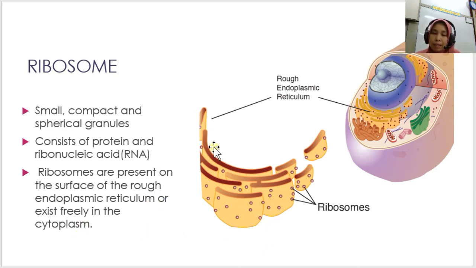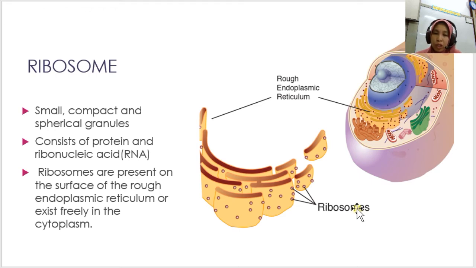Like I said before, the yellow color structure here refers to the rough endoplasmic reticulum. The granules or dots that attach to the rough endoplasmic reticulum refer to the ribosome.